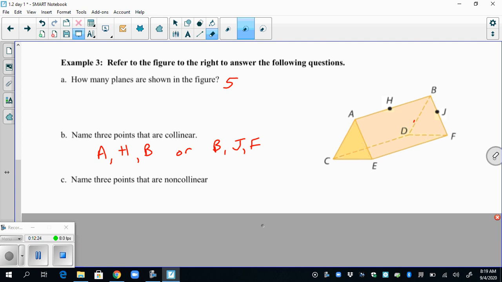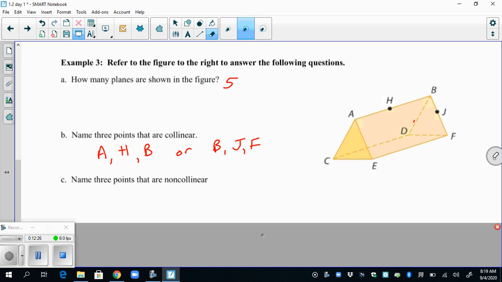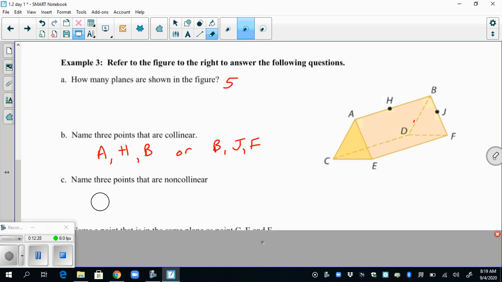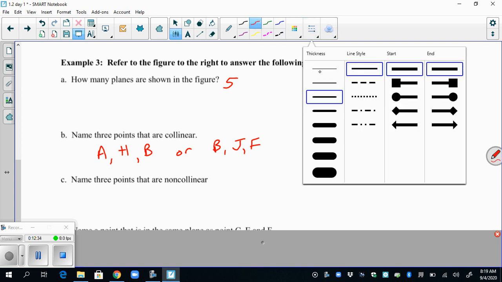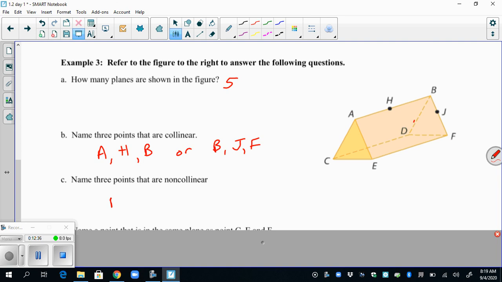One example, I could say points A, C, E. A is in this corner, C is this vertex, E is this vertex.